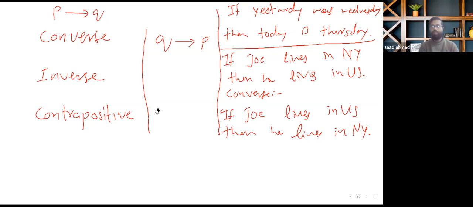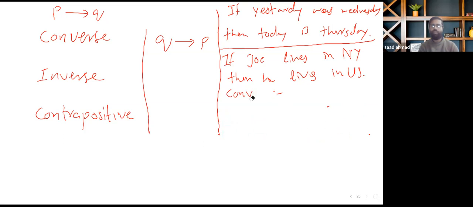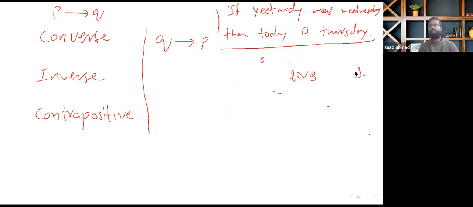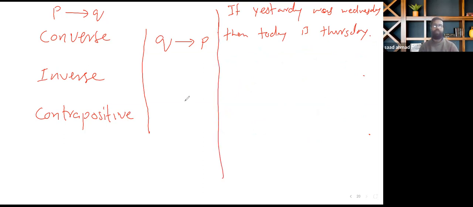Then after the converse, there is something called inverse. Inverse is where you make the opposite of that. The inverse is not P implies not Q. This is the not sign. You can say negative or you can say not.